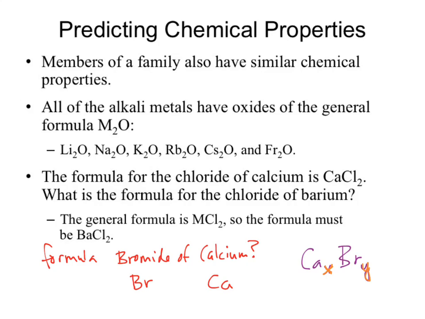What's the relationship between calcium and calcium? They're the same, so we won't predict much there. Chlorine versus bromine: they're in the same family, which means they would be expected to react the same. Which means the formula that we would come up with should be CaBr2.